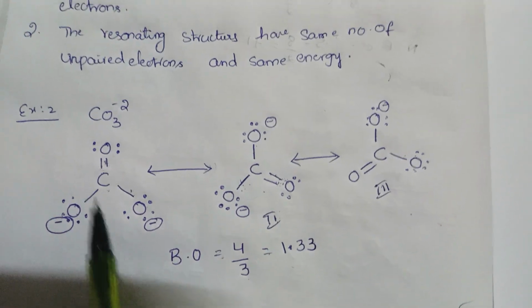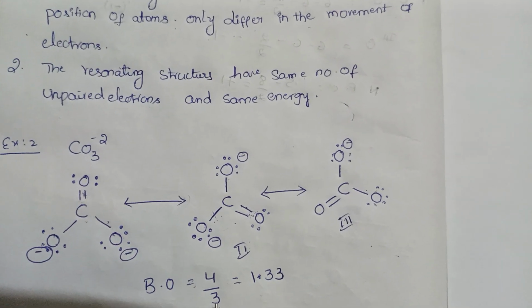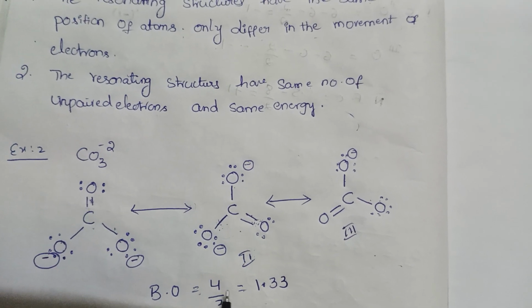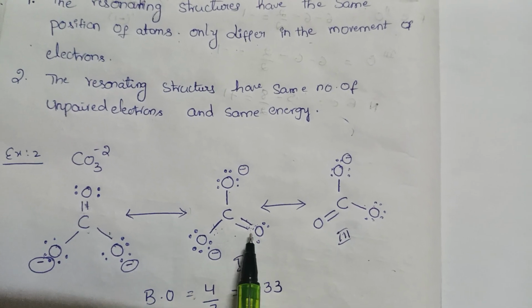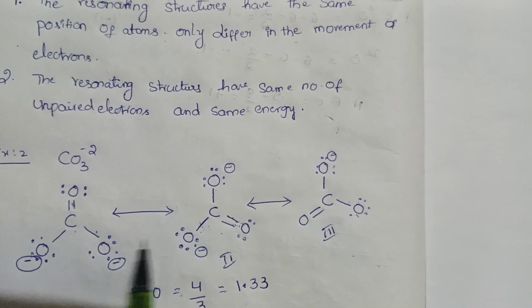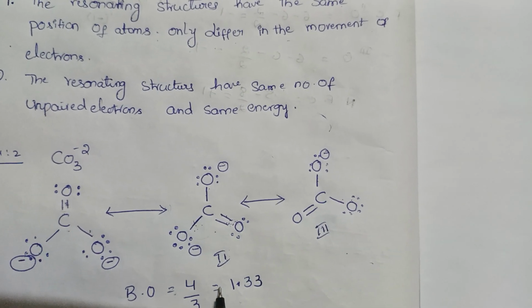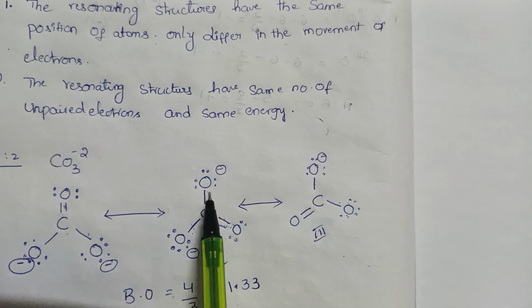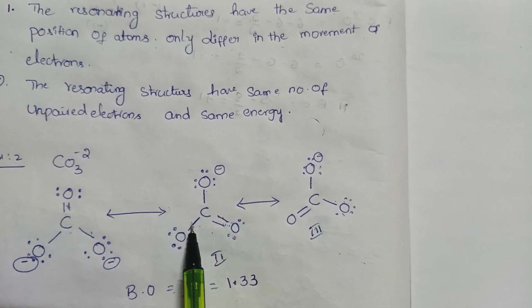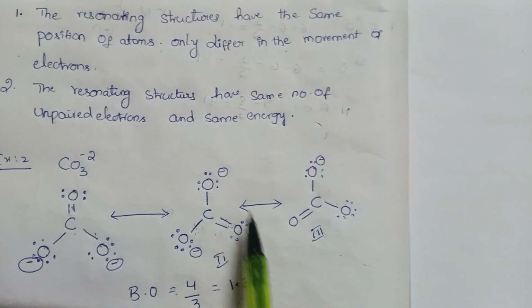Similarly, for the CO3 2 minus ion, there are 1, 2, 3, 4 bonds, and how many resonating structures are there? 3. We get 1.33. Here the bond order is 1.33, 1.33, 1.33.